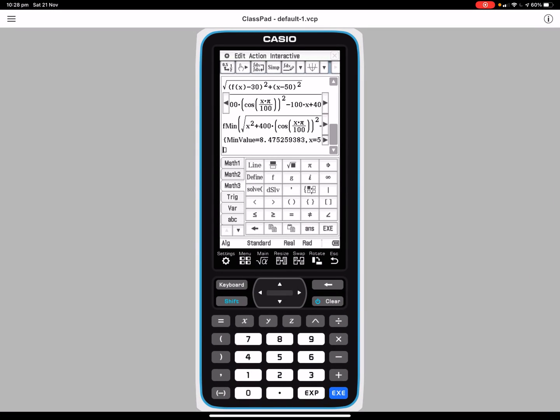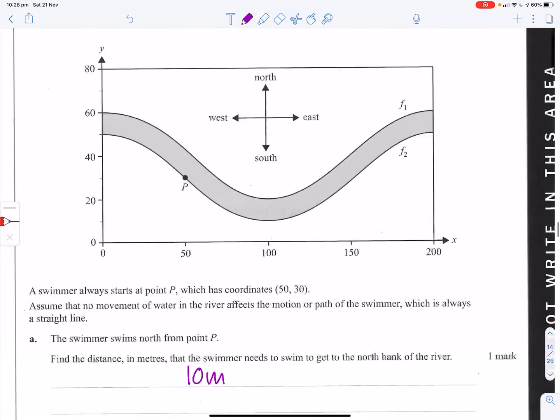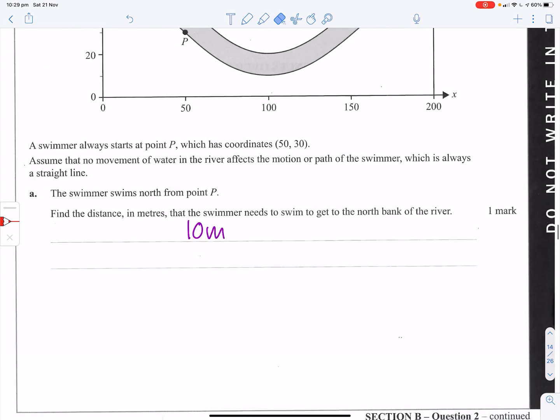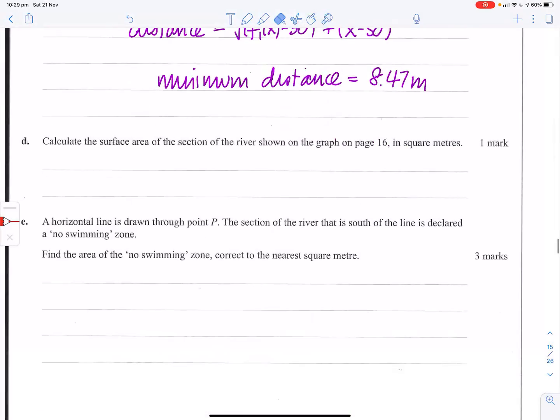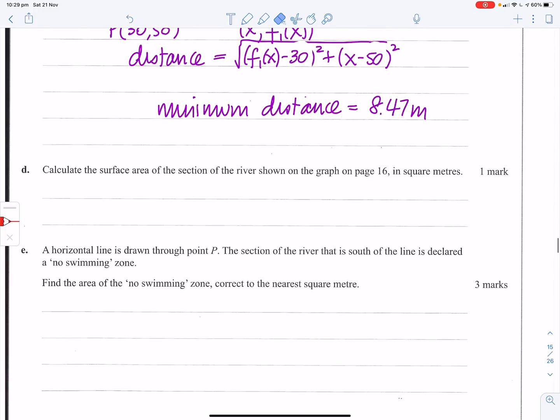Now the reason that makes sense is because if we know it's 10 meters that way and 10 meters that way, that distance there, we could have just used Pythagoras if we wanted to, but it's much easier to do that.